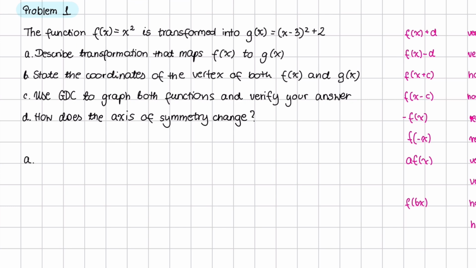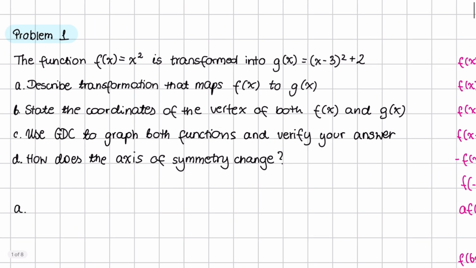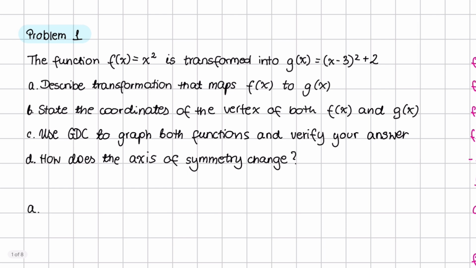transformation that maps f to g. So we can observe that firstly, something changes with our x, and here we have only x squared, and here we have (x minus 3) squared.